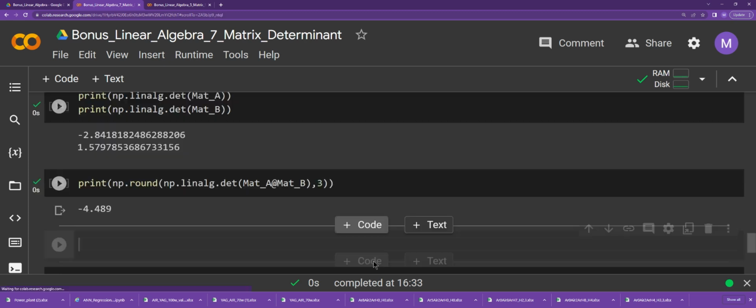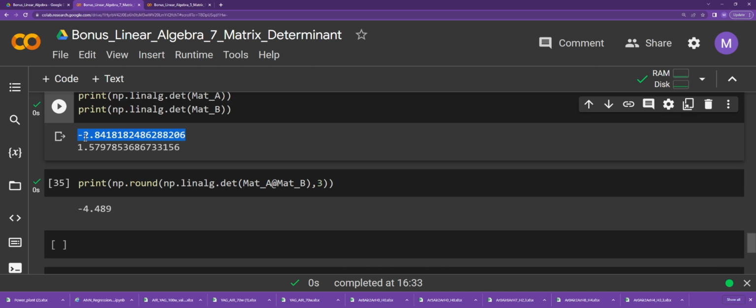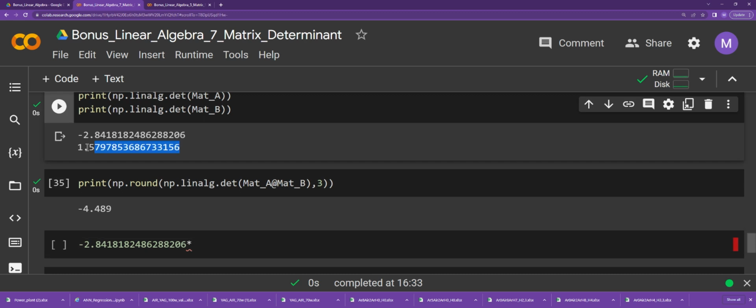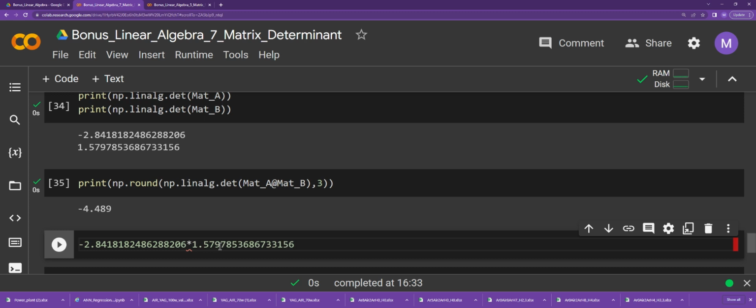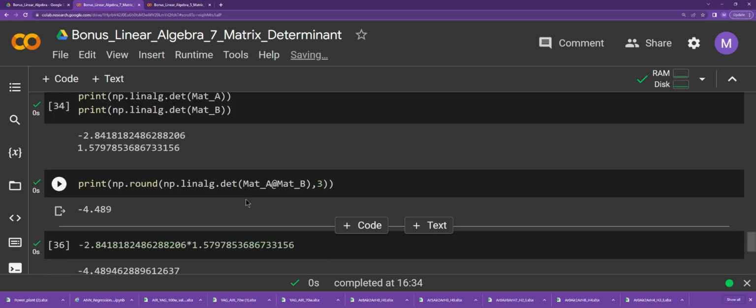What I'm trying to say is if I get that and multiply it by that, if I run that, -4.489. Okay, so I hope you understand what's happening.